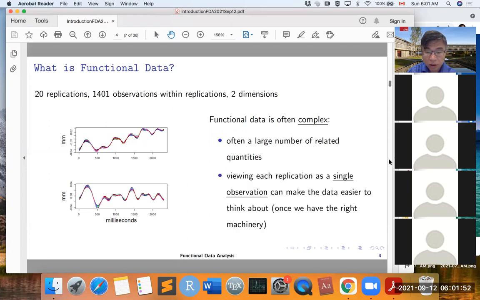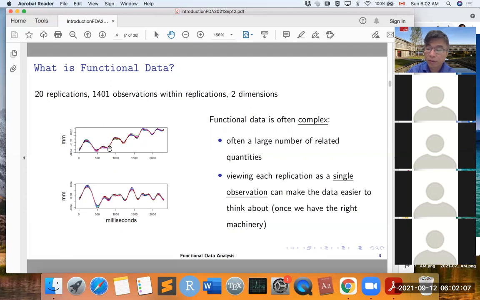When we have these 20 curves, we can view each curve as a single observation of the underlying process.